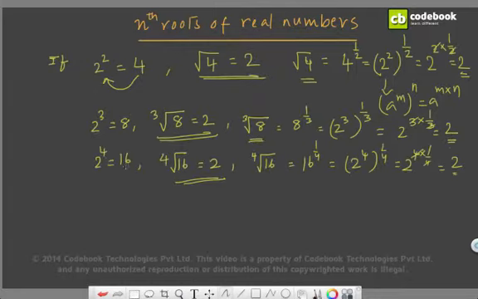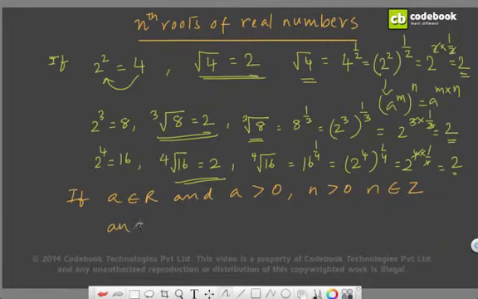Similarly, 2 power 4 equal to 16 can be explained the same way. So fourth root of 16 is equal to 2. So we can generalize this by saying if a belongs to real numbers and a is greater than 0, that is if a is a positive real number, and n is greater than 0 and n belongs to Z, which is n is a positive integer, and b power n is equal to a, then we can say nth root of a is equal to b.